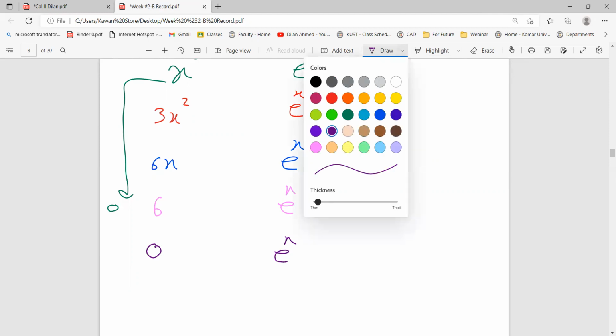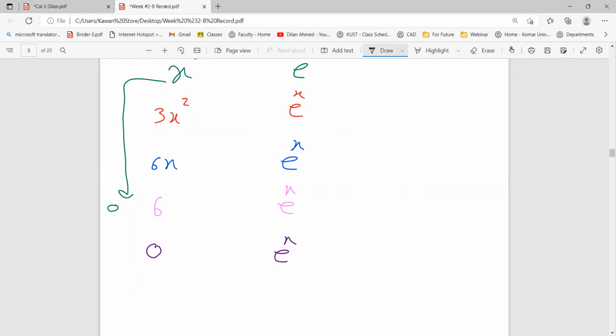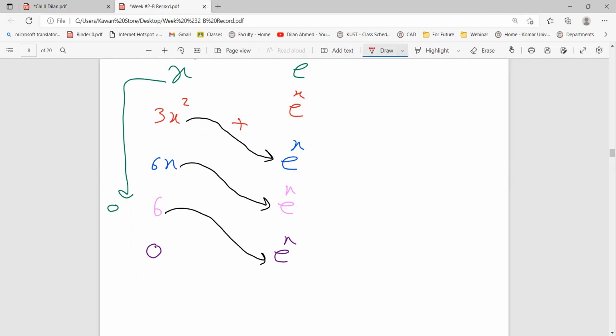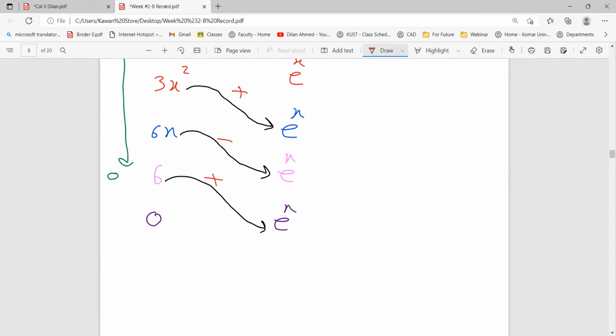Now, I'm going to use the cross from here to there, to there, to there. You got it? And I'm going to put a sign. I say the sign here is positive, negative, positive. So what do you mean by that one?